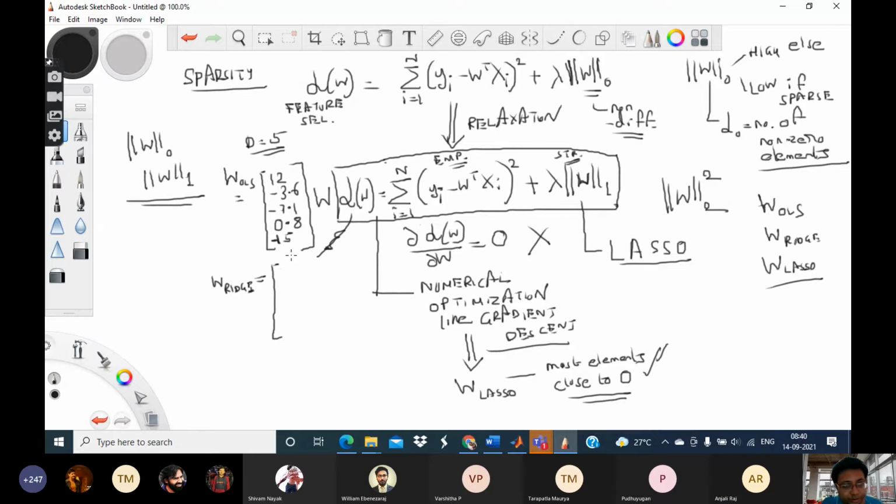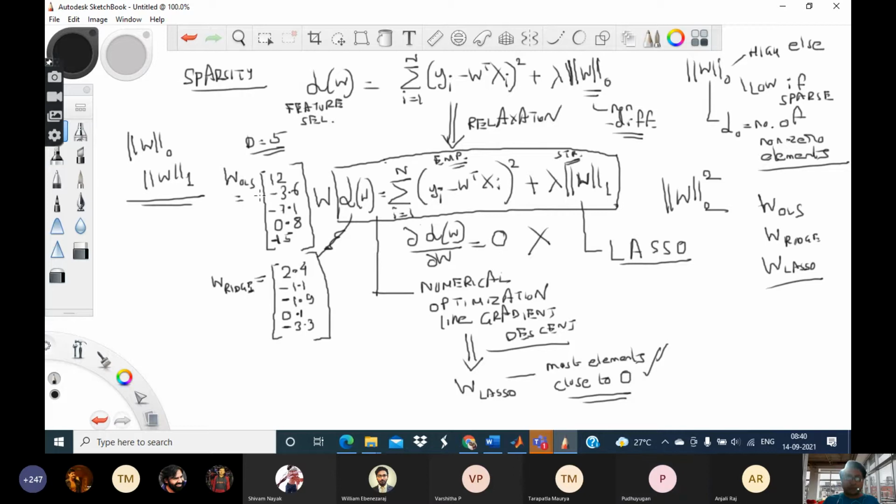W ridge may retain the relative importance or relative magnitudes of all these things, but their magnitudes will have been reduced, something like this.